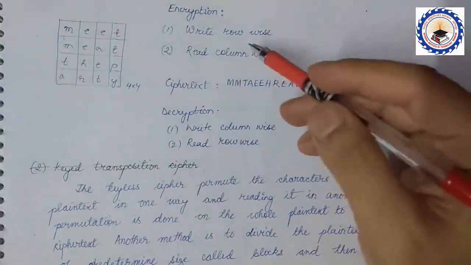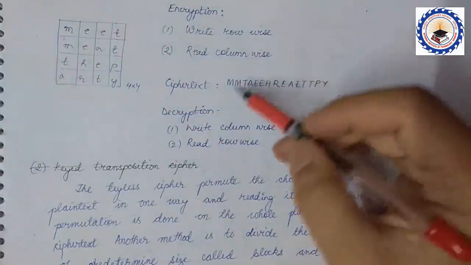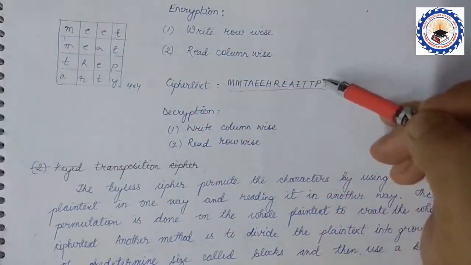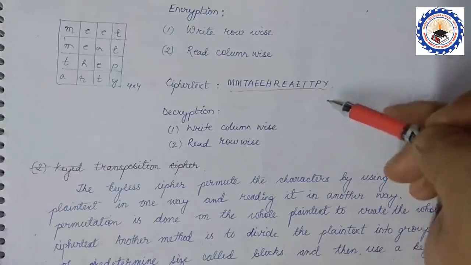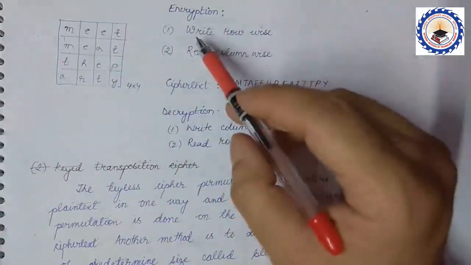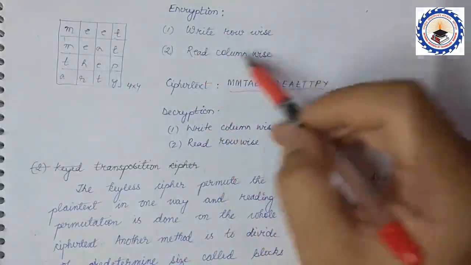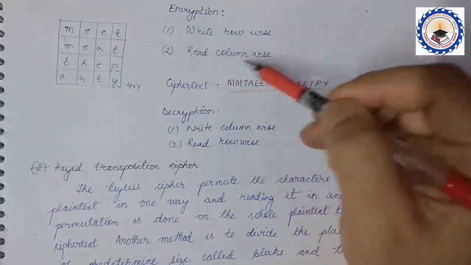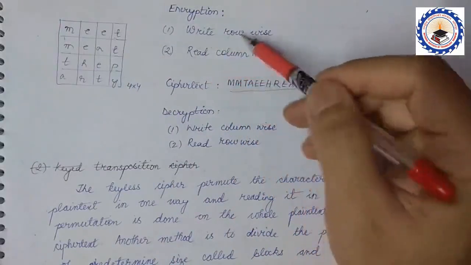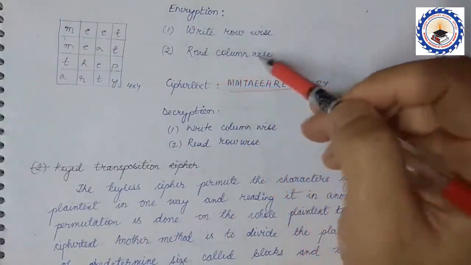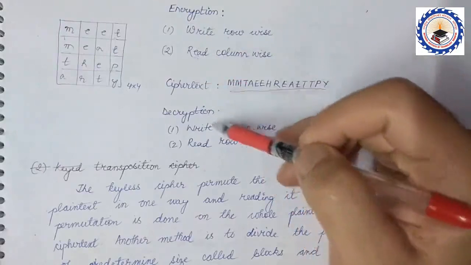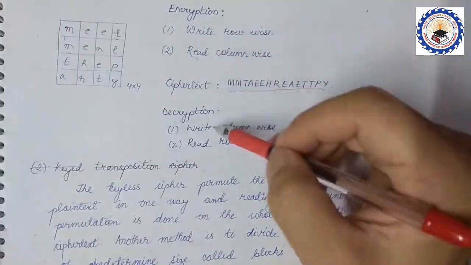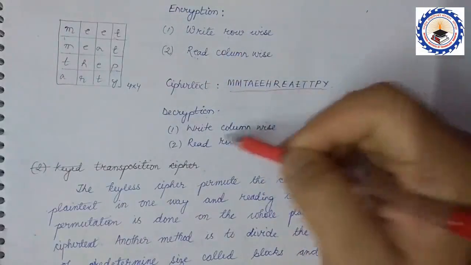The only thing is that the letters should be scrambled, meaning not meaningful letters or words. Either I write row wise and then read column wise, or you can do the reverse. If I have done it this way, writing row wise and reading column wise, then for the decryption part you do the reverse: write column wise and then read row wise.